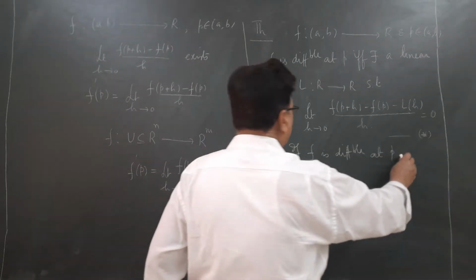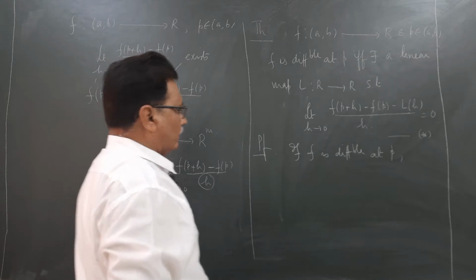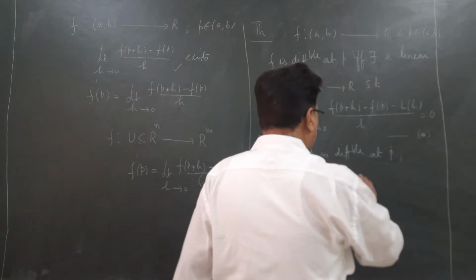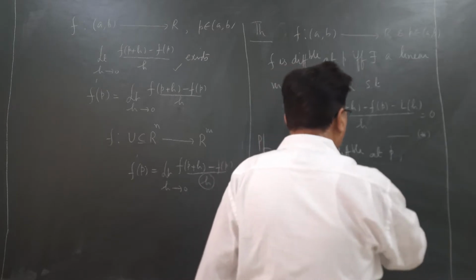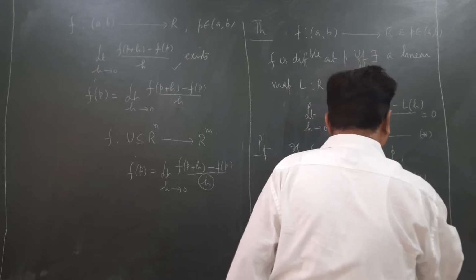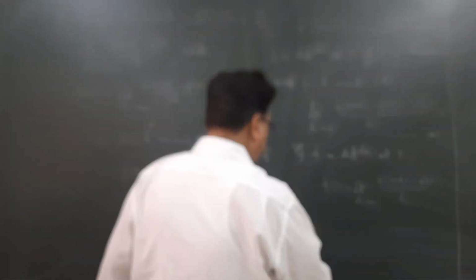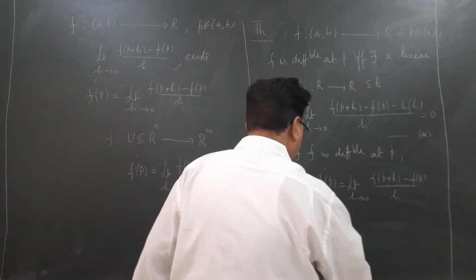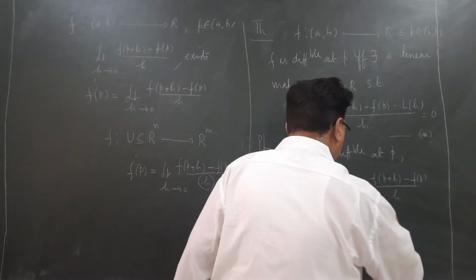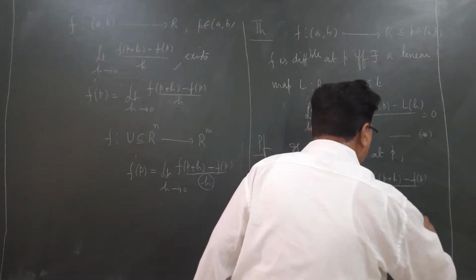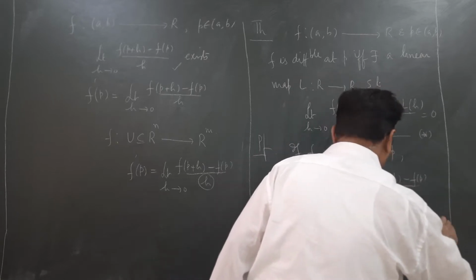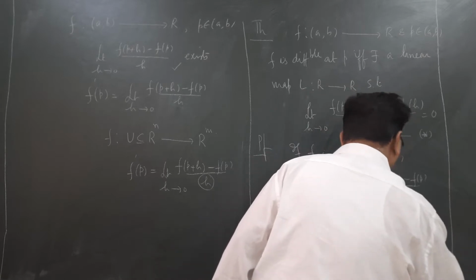then by the definition, what will happen? f dash P is equal to the limit as h tends to 0 of f(P plus h) minus f(P) upon h, and this expression can be rewritten as the limit as h tends to 0 of f(P plus h) minus f(P) minus h times f dash P, upon h, equal to 0.